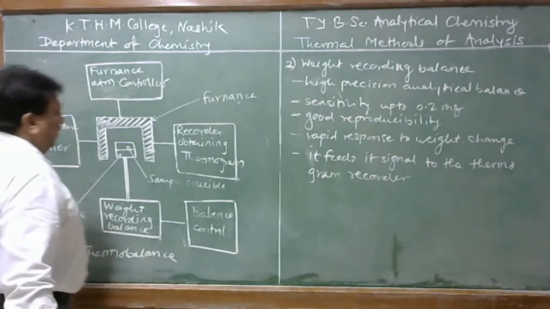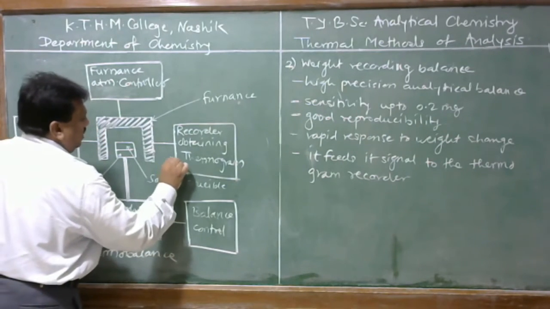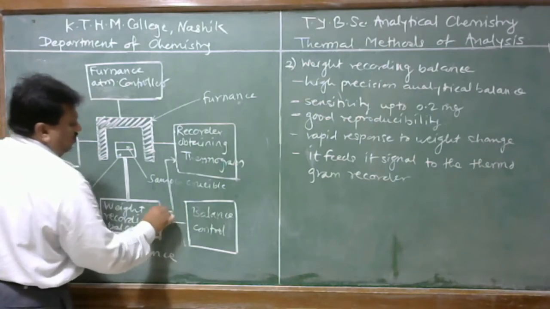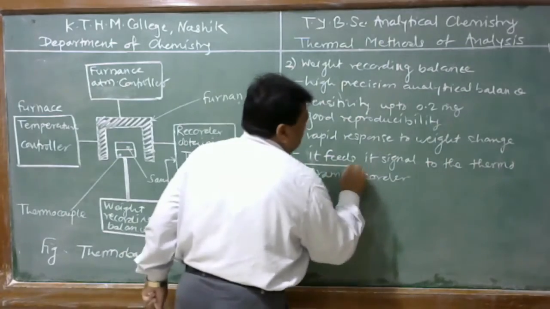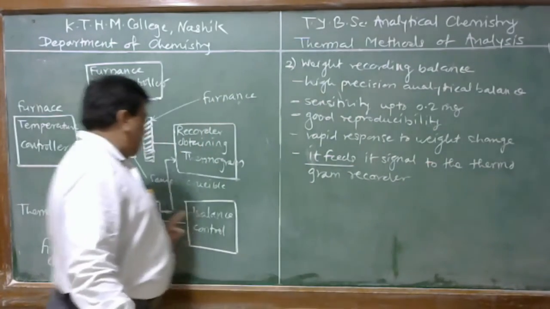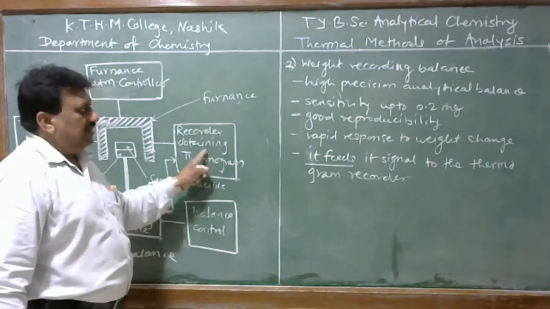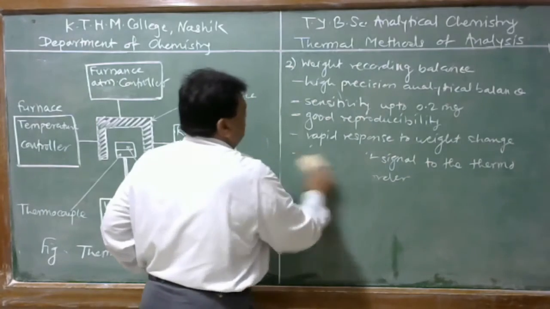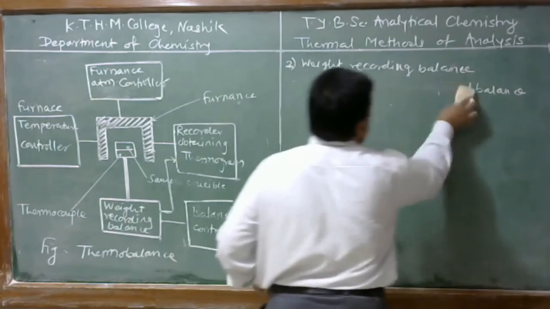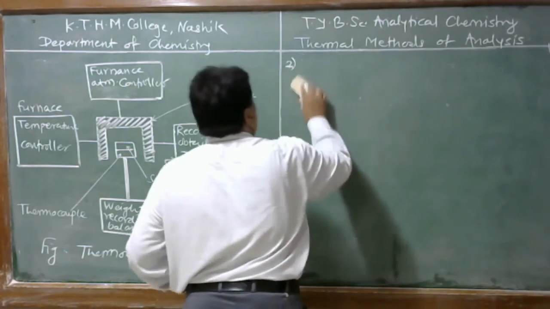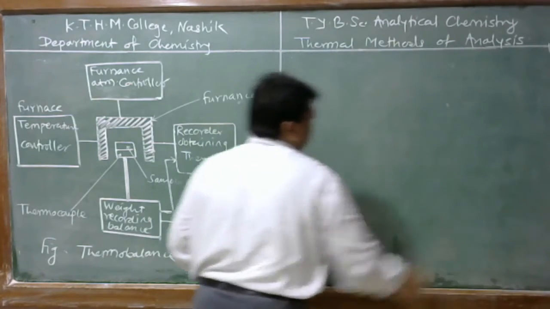Therefore, the weighing balance is directly connected through electric wire with this thermogram recorder, because the change in weight recorded by this thermobalance is recorded on the graph. So the signal generated by this weighing balance is given to the recorder, that is a thermogram recorder.